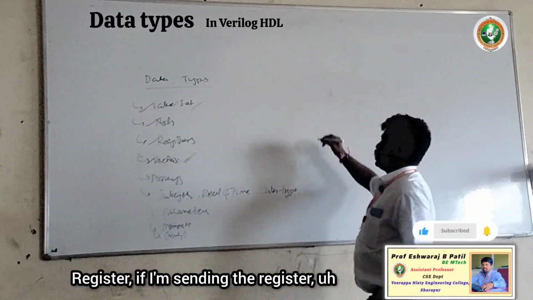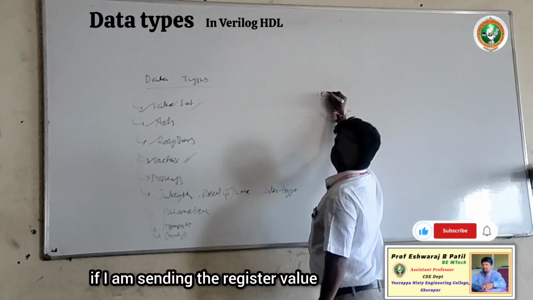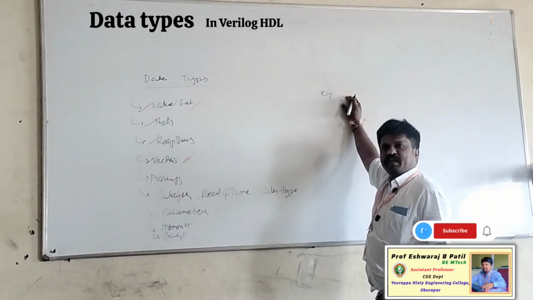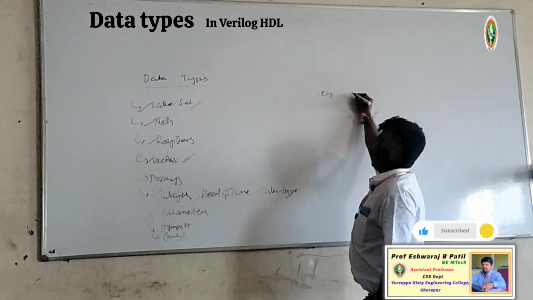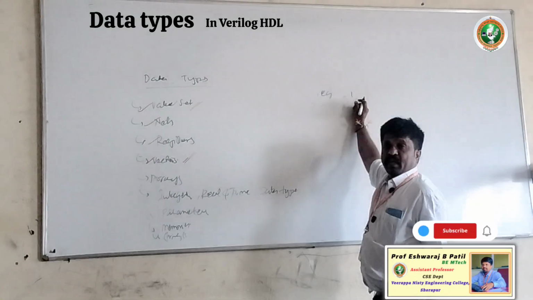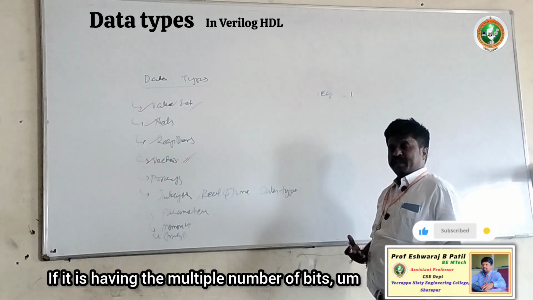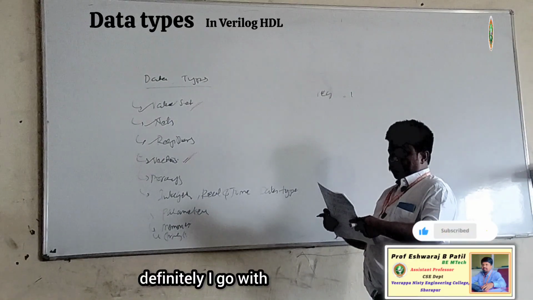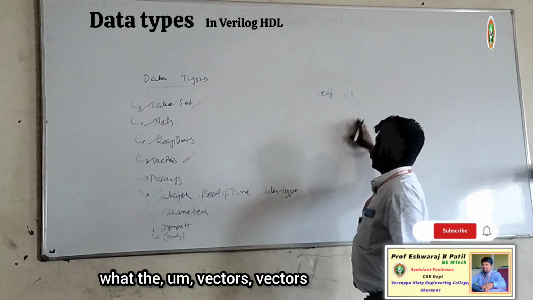If I am sending a register value that has only one bit, you can write register x, y, 1, anything. If I am going to send multiple bits, definitely I go with vectors.